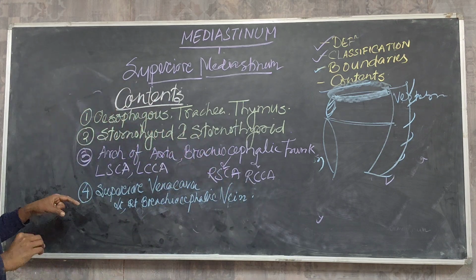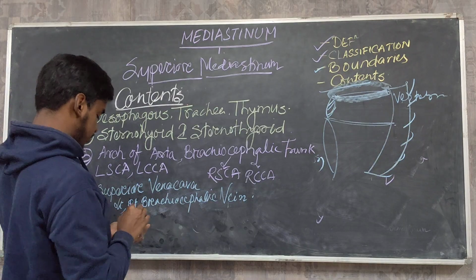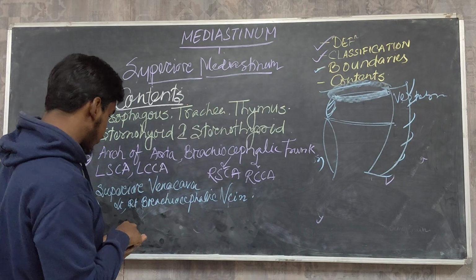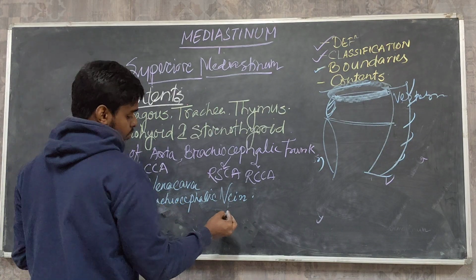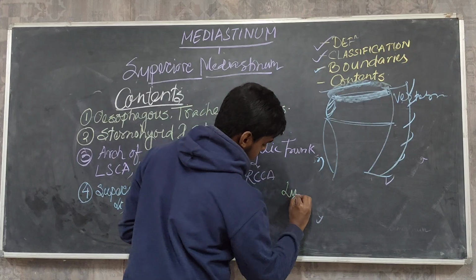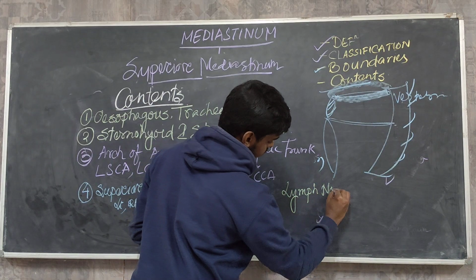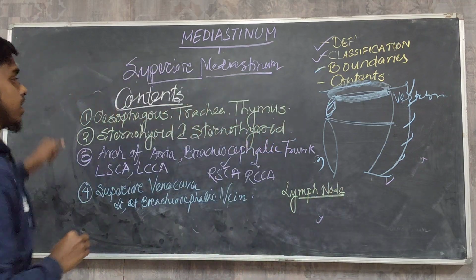These are the veins which pass through the superior mediastinum. And there are some lymph nodes also present, which also pass through this point.